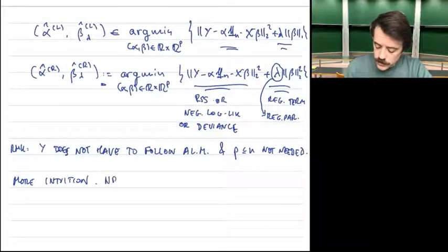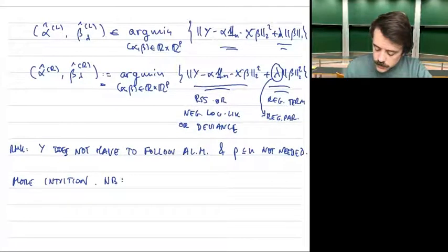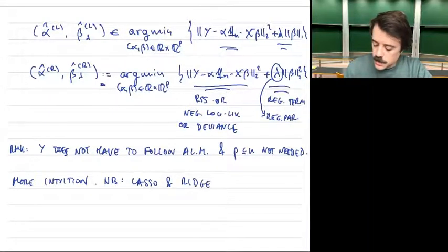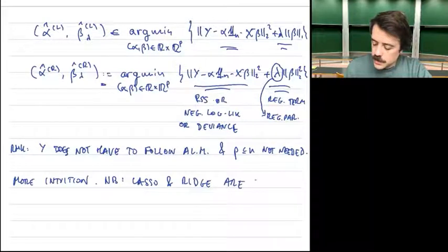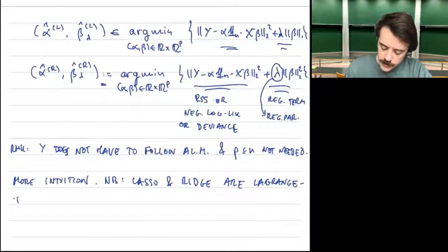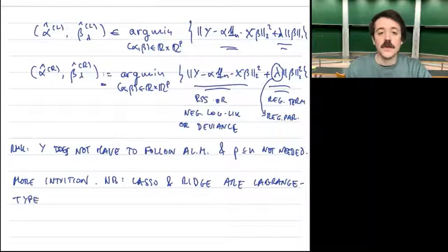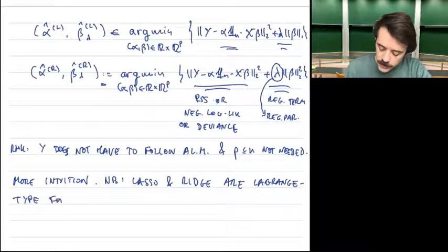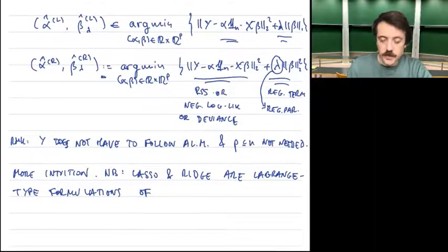Note that lasso and ridge are Lagrange type formulations of the following constrained optimization problems.